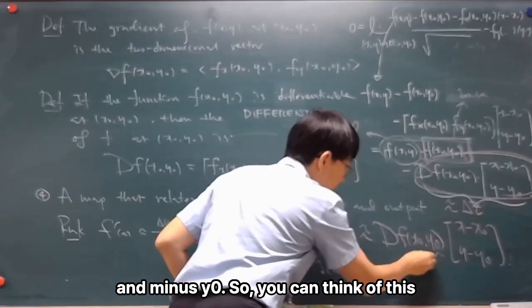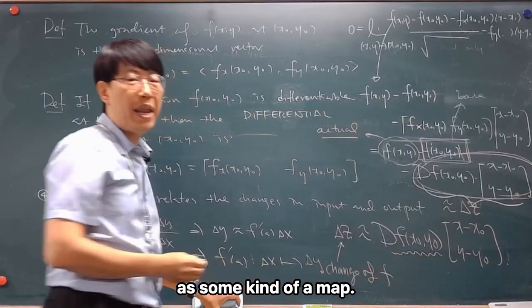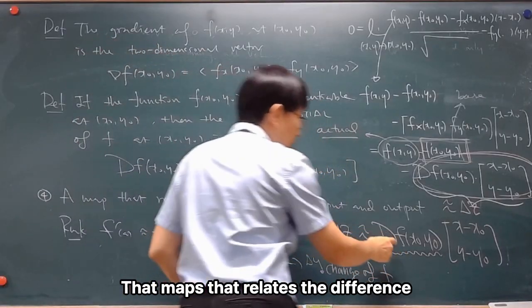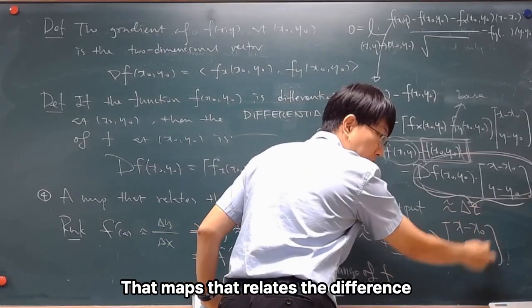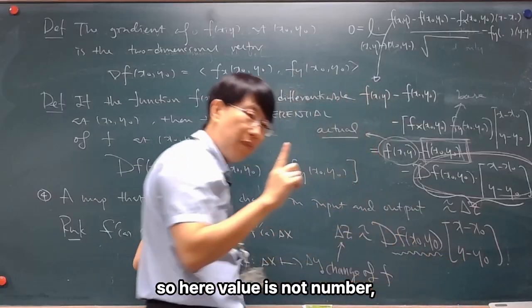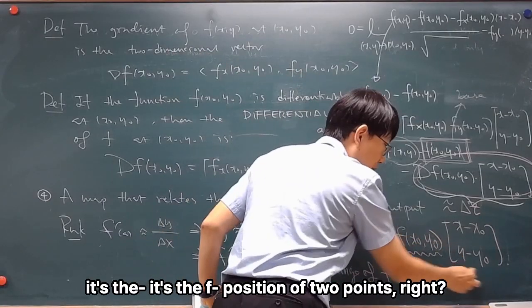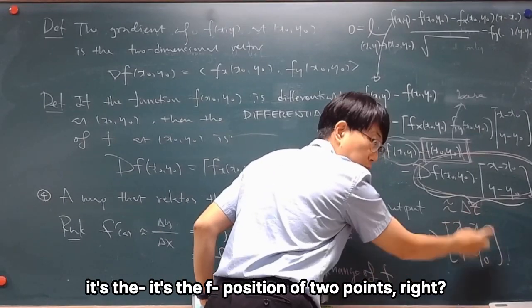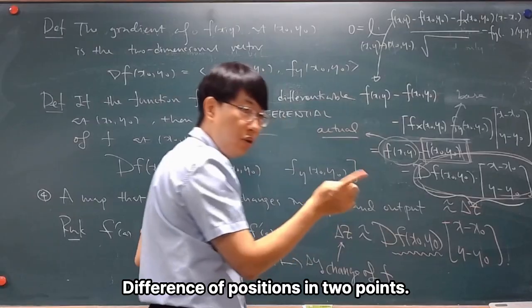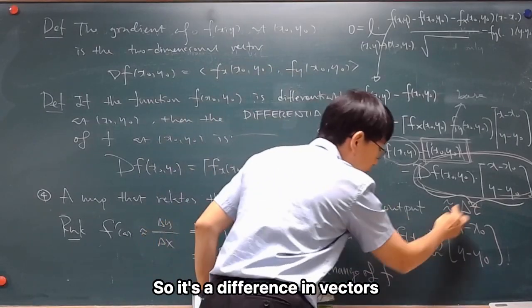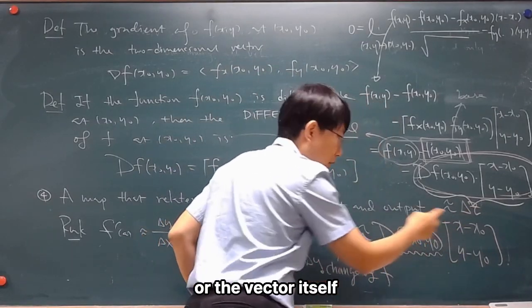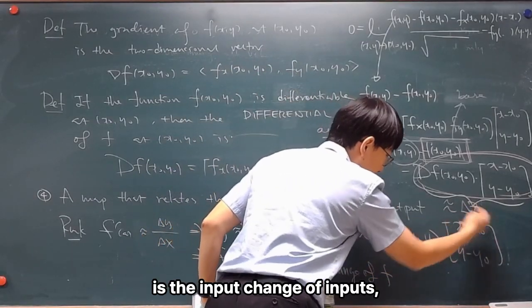So you can think of this as some kind of a map that relates the difference in the input values. So here the value is not a number, it's the position of 2 points, right? Difference of positions in 2 points. So the difference in vectors, or the vector itself, is the input, the change of inputs.